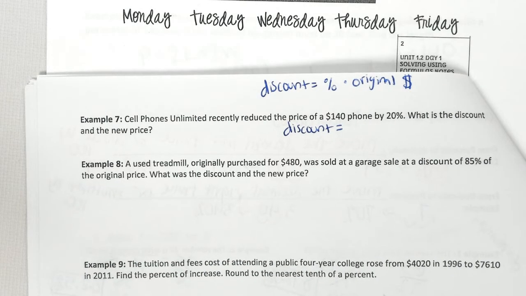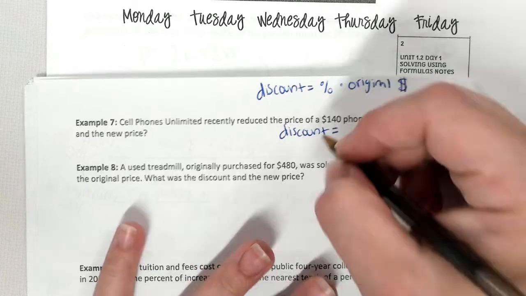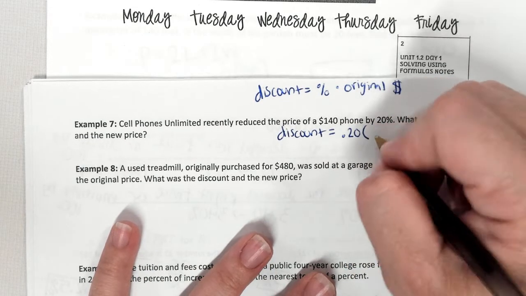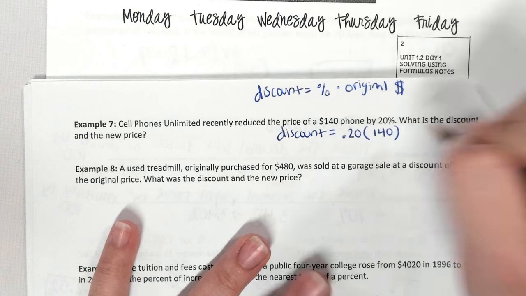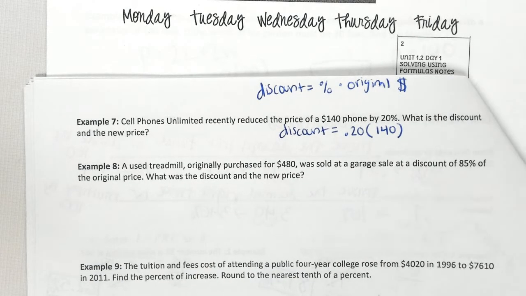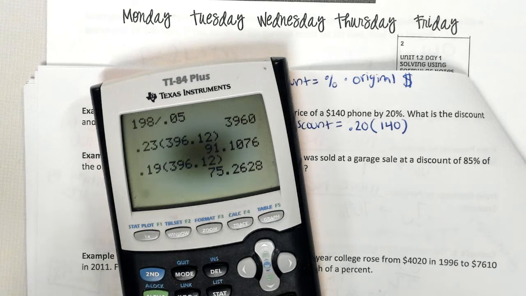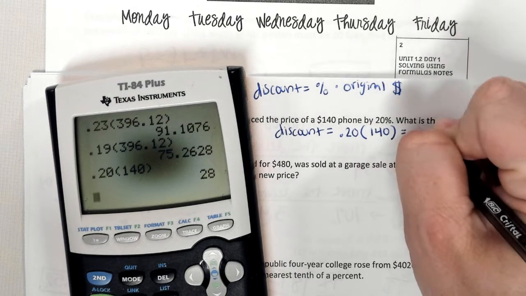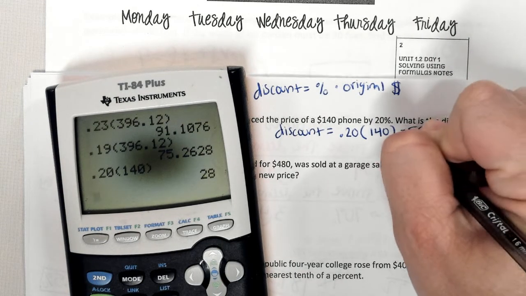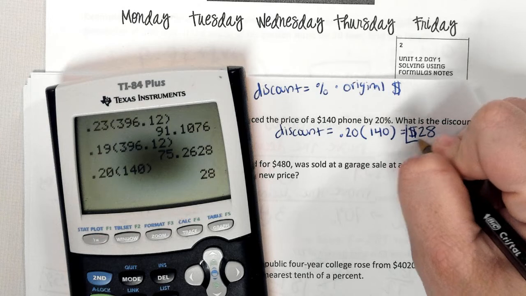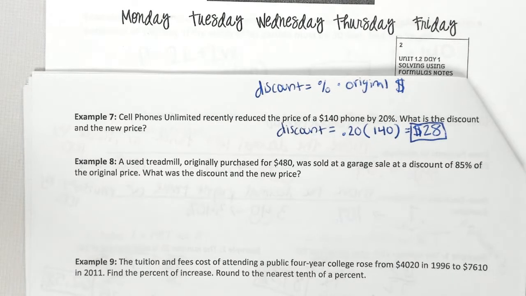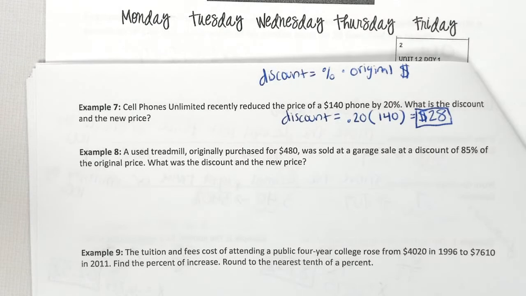And how would I write that as a decimal? 0.2 or 0.20, either way, times 140, my original cost. And when I multiply, I get 28. So that's my discount, because it tells me find my discount, and it says what is my original price.